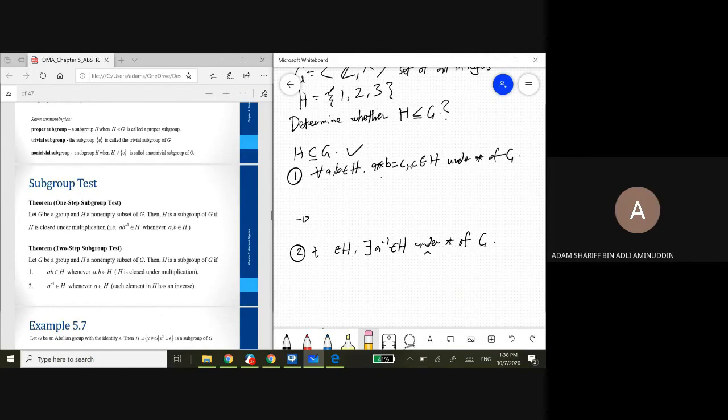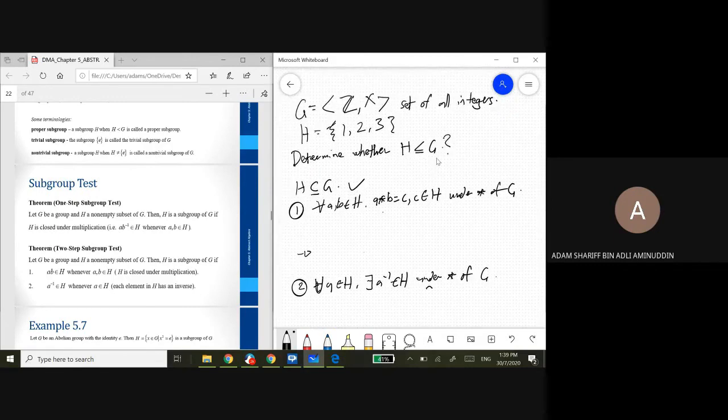Okay, for every element in H. Right now, I change the question into multiplication. Multiplication of simple integers, not integer modulo n again. This time, the same principle, H is a subset of G. The same.